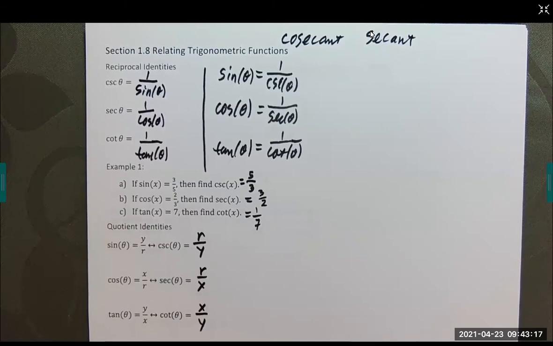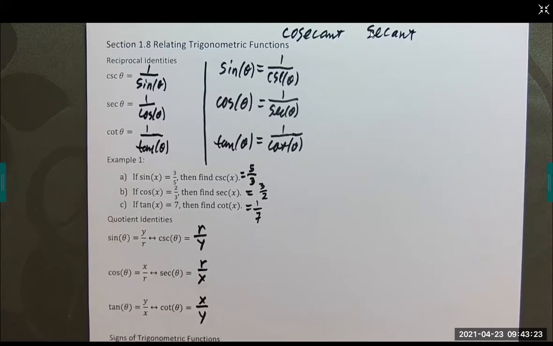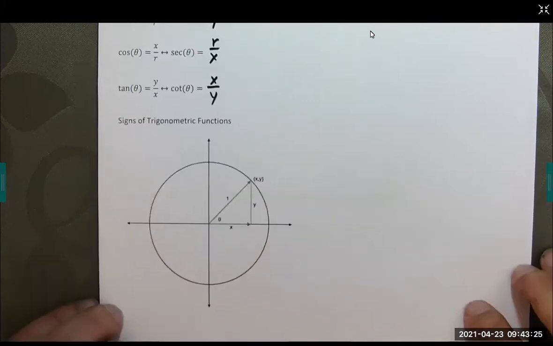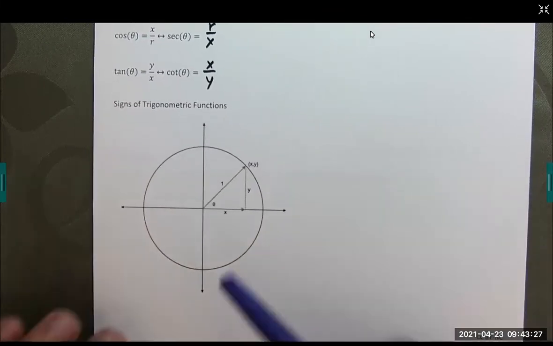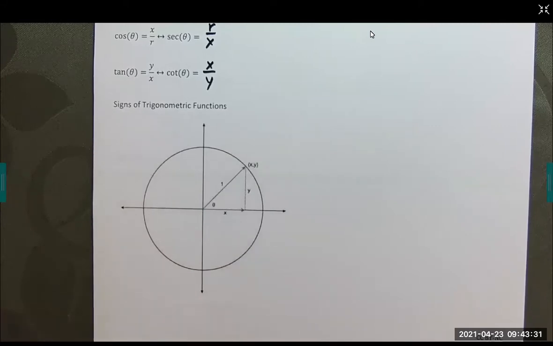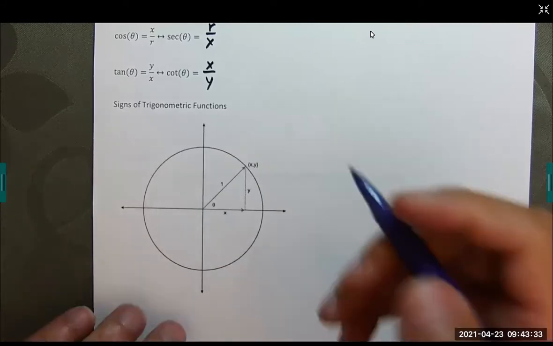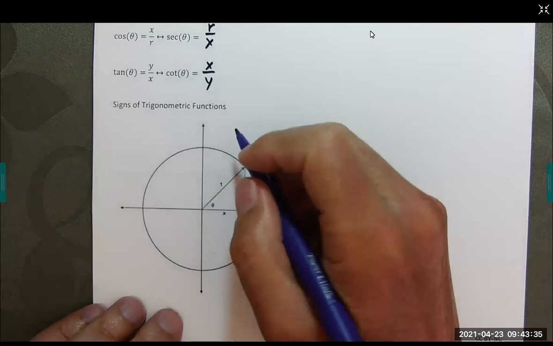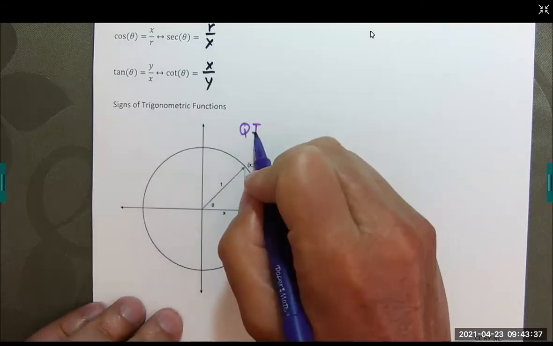And I want to quickly review. When we have the unit circle, like we have here, again, the radius is 1. And when I'm in quadrant 1, remember, x is positive and y is positive.